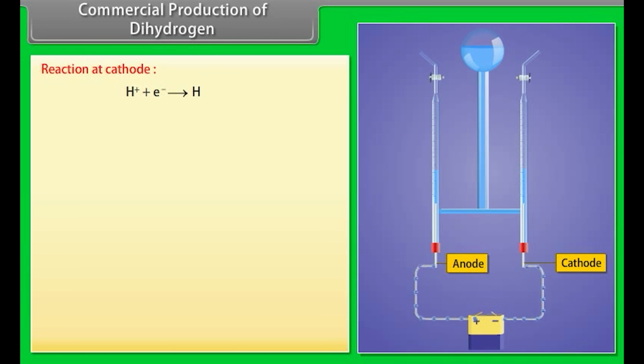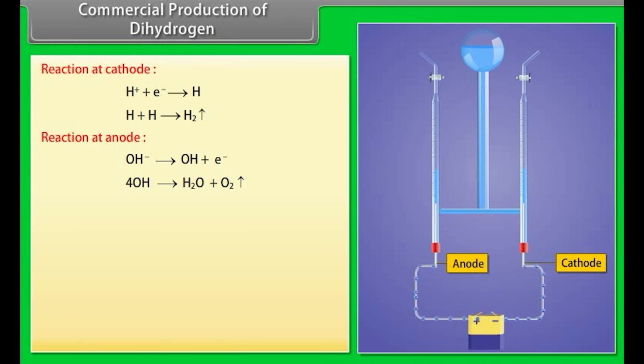H+ plus electron gives H. H plus H gives H2. Reaction at anode. OH- gives OH plus electron. 4OH gives 2H₂O plus O2. Overall reaction. 2H₂O gives 2H2 plus O2.